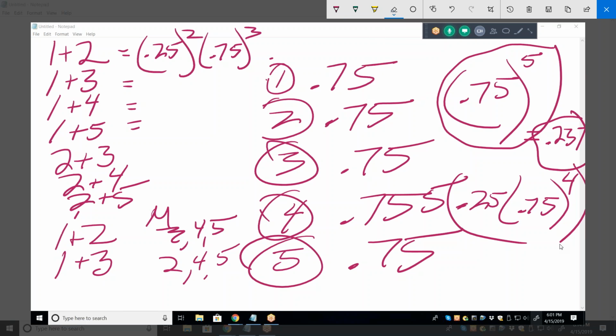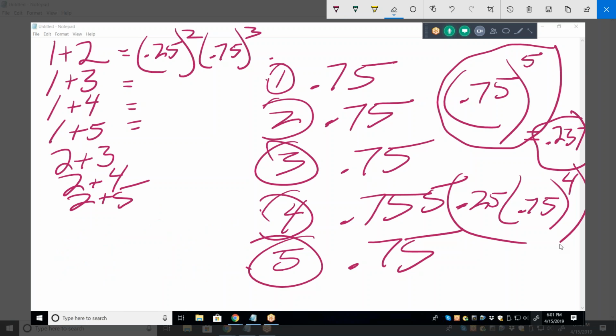Am I losing you yet? No, I get this, yeah. Okay. And we also get 3, and it's got to be different. It can't be 1 because that's the same as this one up here. So it's 3 and 4 and 3 and 5. Same odds though. They're all 0.25 squared times 0.75 cubed. There's one other combination. 4 and 5.